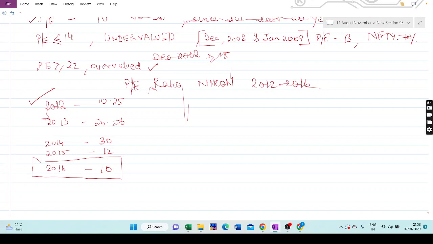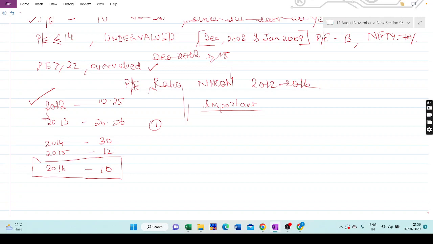So, guys, there are two important points that we have to write here. Please note this down. The first point is that a low P does not mean that the stock is undervalued, and a high P does not mean that the stock is overvalued.